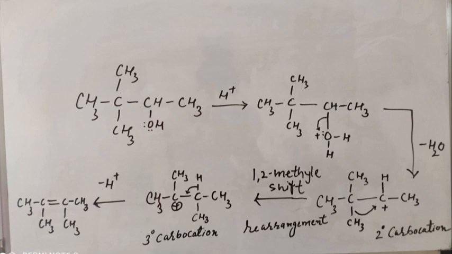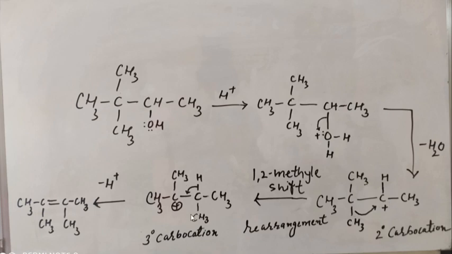Here the adjacent methyl group, taking its bond electrons, shifts to the carbocation. It is known as the 1,2-methide shift. Methide means CH3 negatively charged, so this methyl group moves away, taking its bond electrons, to the nearby carbocation, and this shift is known as the 1,2-methyl shift.